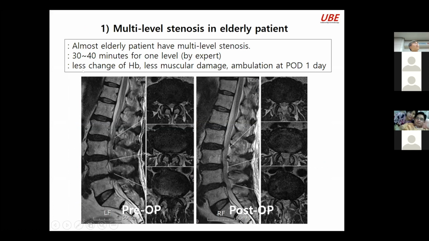Also there is less change of hemoglobin, less muscular damage, and ambulation period of one day. This is preoperative and postoperative. If this multiple stenosis were operated on with microsurgery, there would be a long muscular incision, and postoperative care would be difficult for a long time, I think.